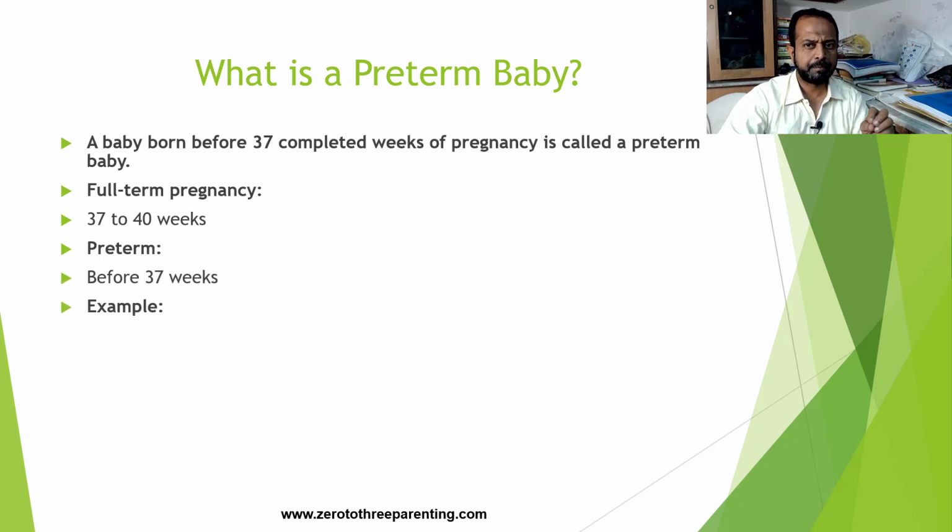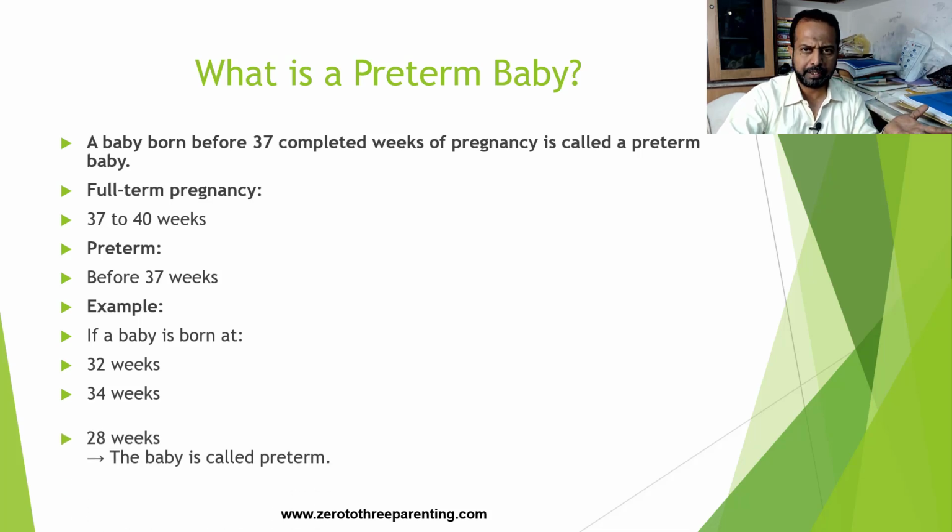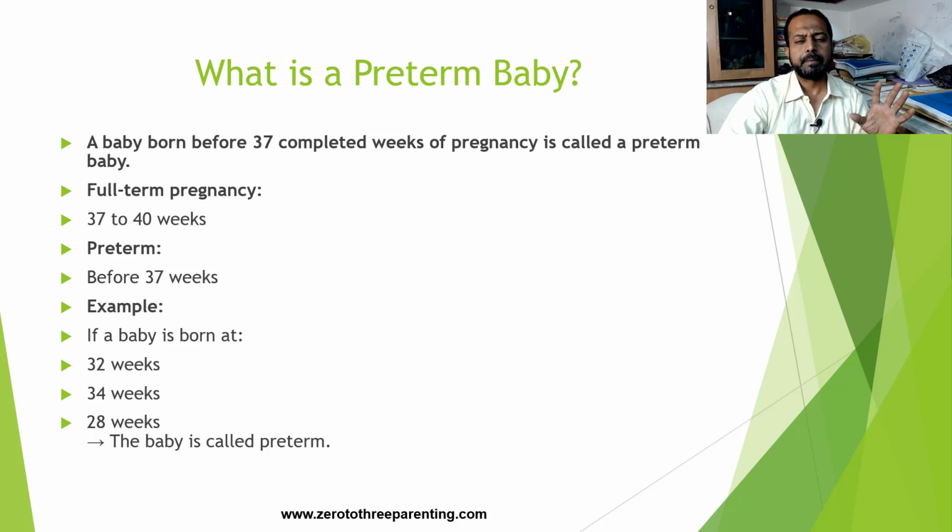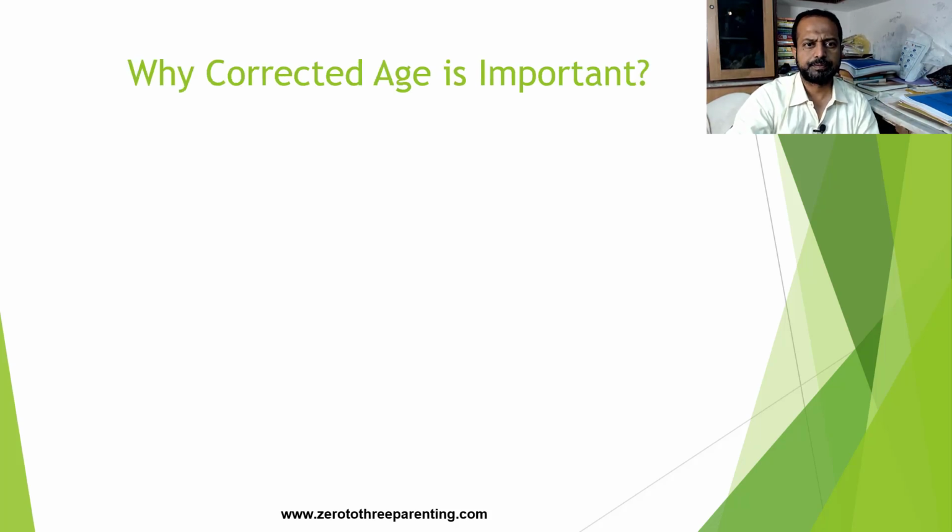For example, if the baby is born around 32 weeks, 34 weeks, or even 28 weeks, it is called a preterm baby. In previous videos I have discussed preterm baby classification. If you want, please go and watch my previous videos.